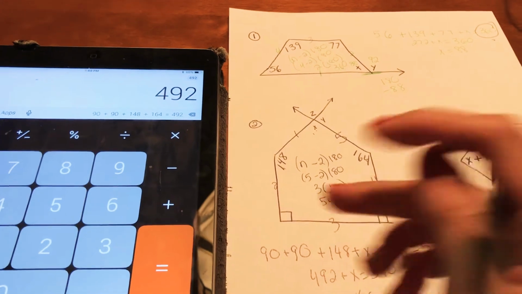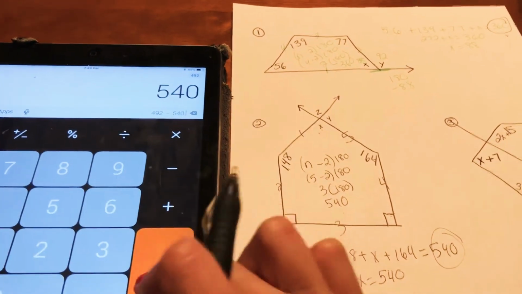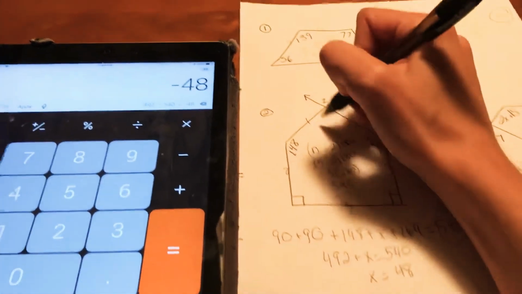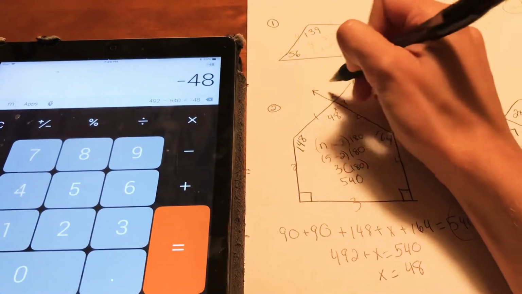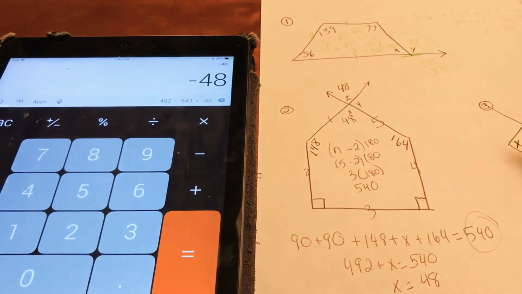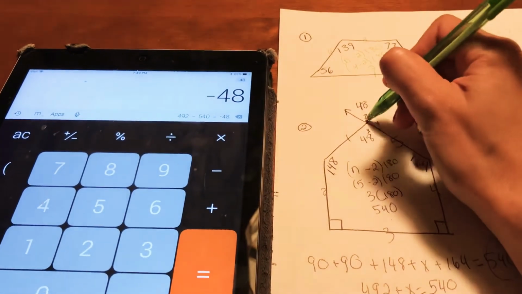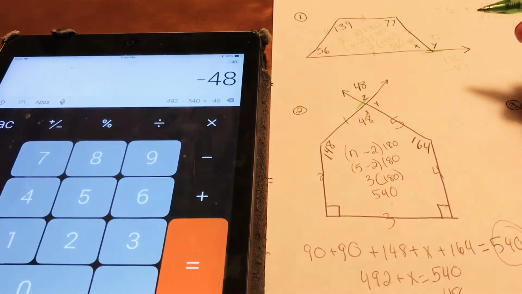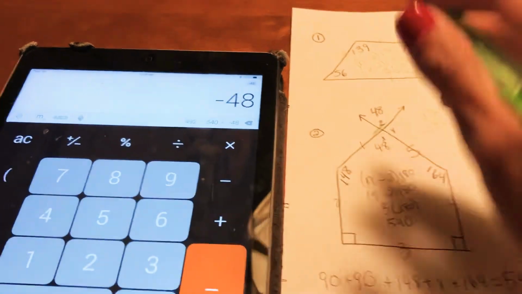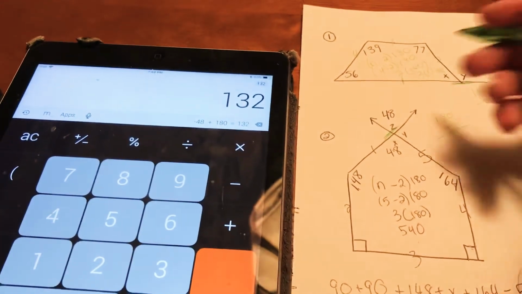Subtract the 492 on both sides, and you get x is equal to 48. So x would be 48, z would be 48 because they're vertical angles, they're across from each other. And then to figure out y, here you have a straight line, and straight lines add up to 180. So 180 minus 48, and that will leave you with 132.